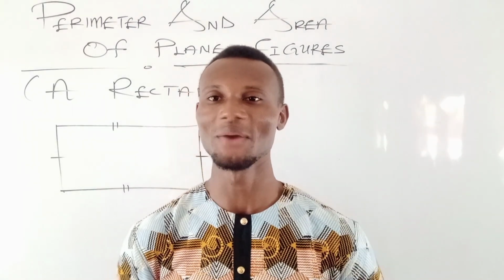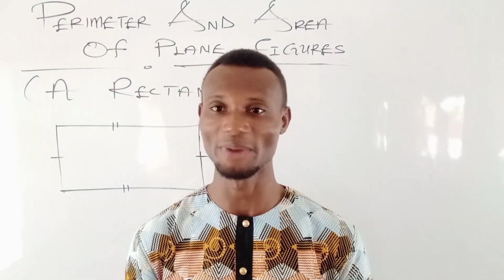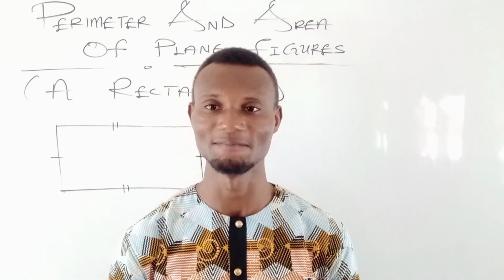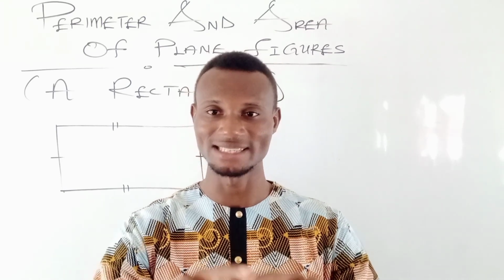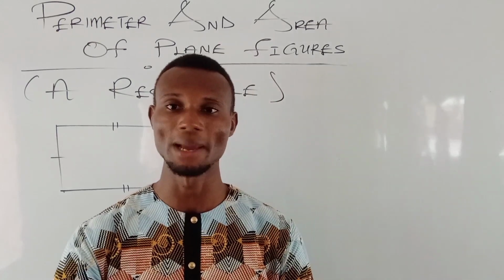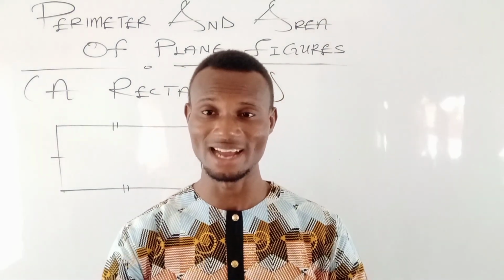Now we are done with plane figure, let's handle perimeter. When we talk about the perimeter of a plane figure, it means the sum of the distance around the plane figure. The perimeter of any plane figure refers to the distance around it.